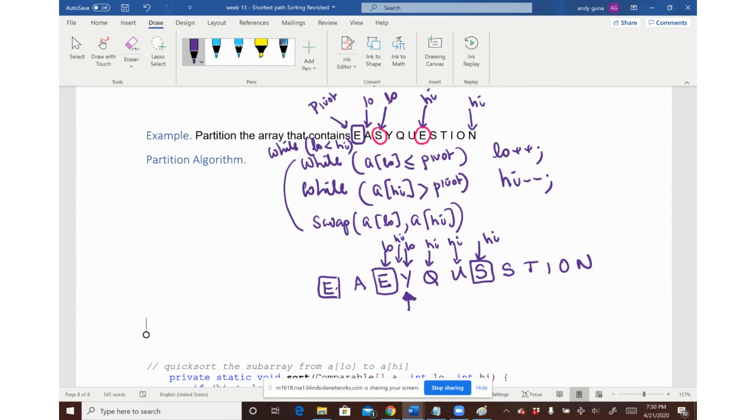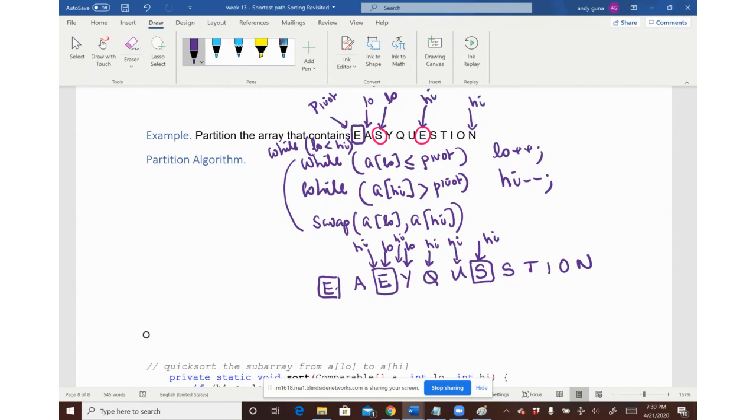Okay, and the Y is still bigger, so high will move here. So the high is going to move all the way to the left and stop at E, because at E, that condition is no longer true.